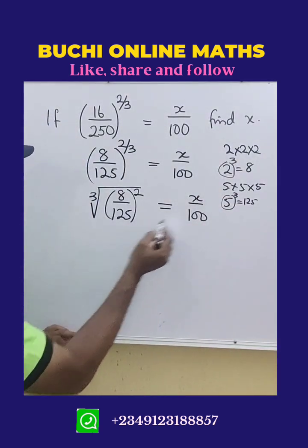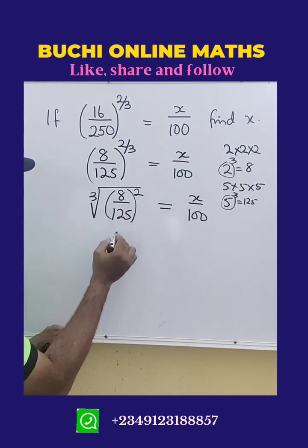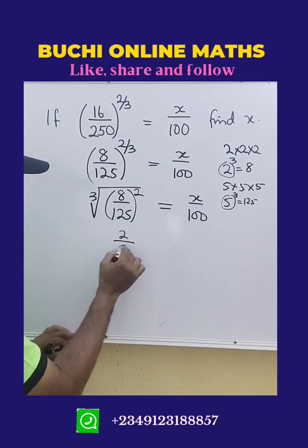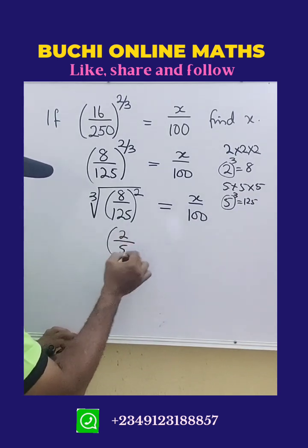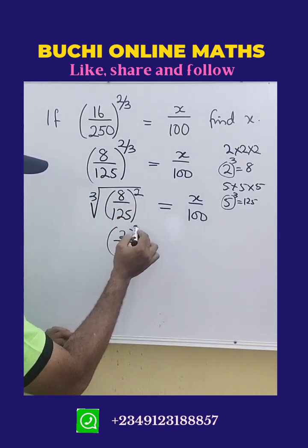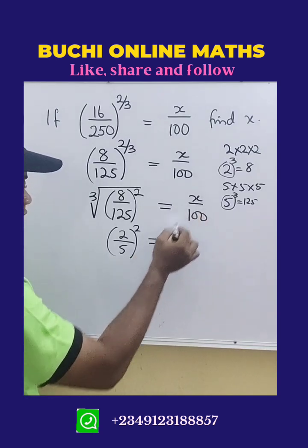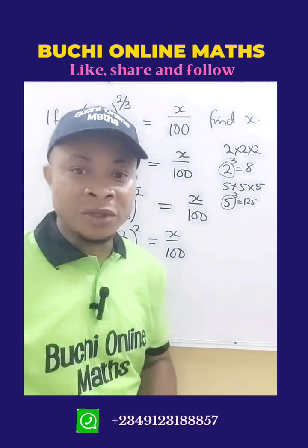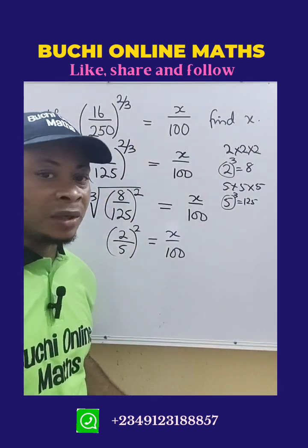Now let's put down 2, because 2 is the cube root of 8 and 5 is the cube root of 125. Now in parentheses, remember they are raised to power 2, then equals x over 100. You see, this question is becoming easy to solve.